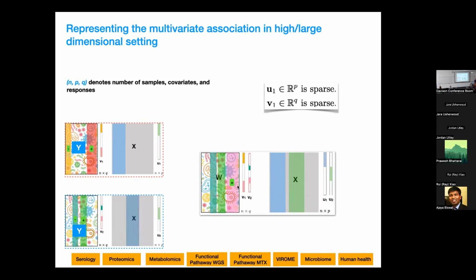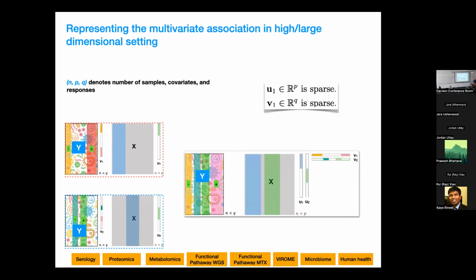But what we want to emphasize is that U1 and V1 need to be sparse, only then can we make good interpretations. Sparsity is very, very important for us to select the transcription factors or the gene expression at a subset of time points and so on.